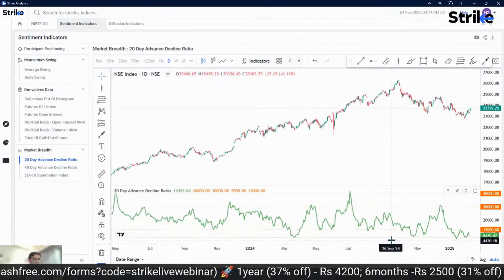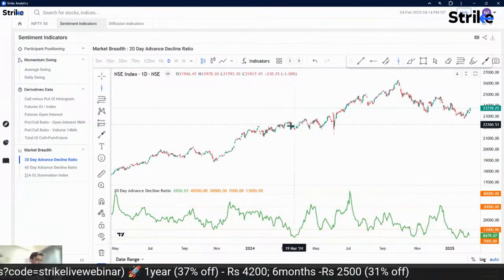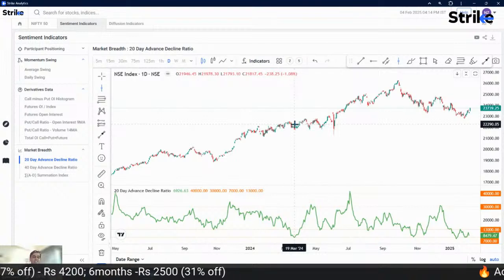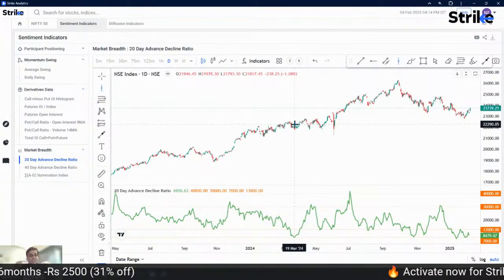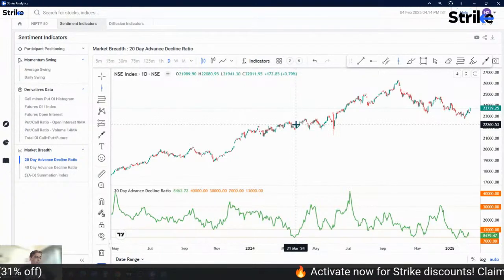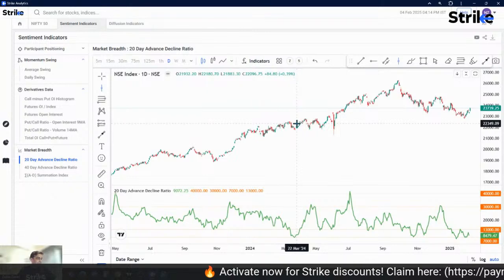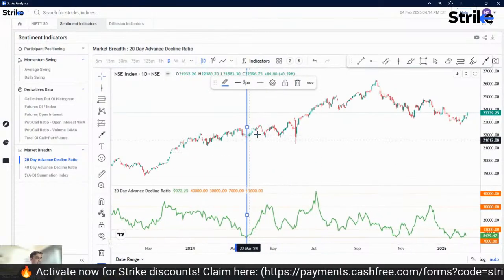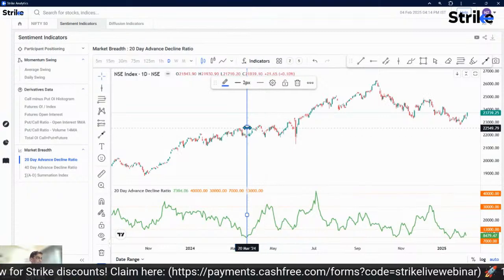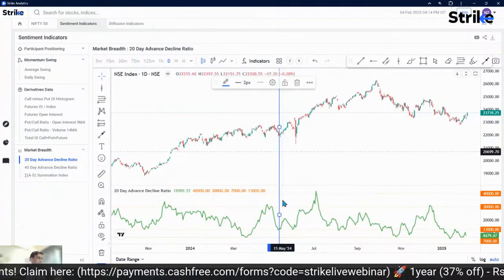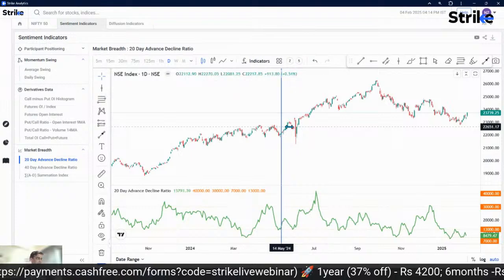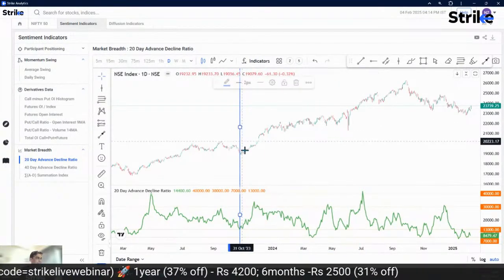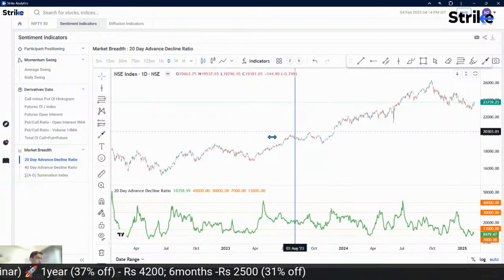Technical analysis is all about studying the past data and trying to judge the upcoming movement of the market. So whenever this indicator has gone to an extreme, what did we see? We saw a bounce back. Whenever the indicator went down, we saw a bounce back.